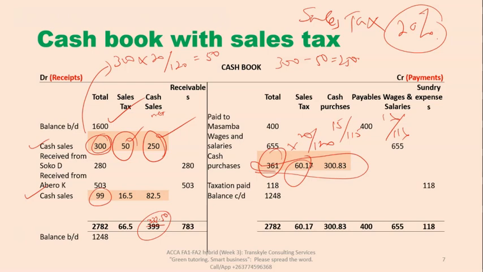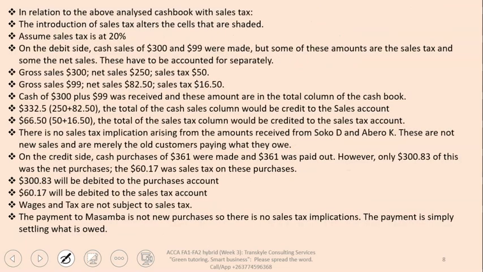And here that seems fine. So the total of the cash sales column would be credit to the sales account, and this one would be credit to the sales tax account.